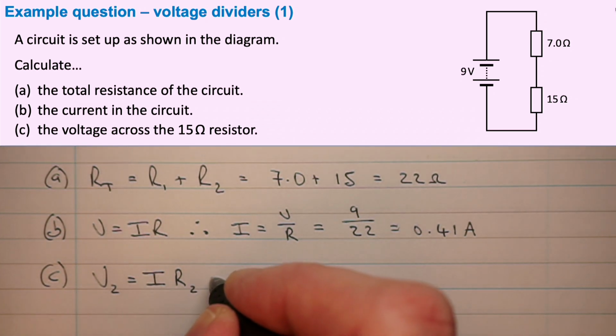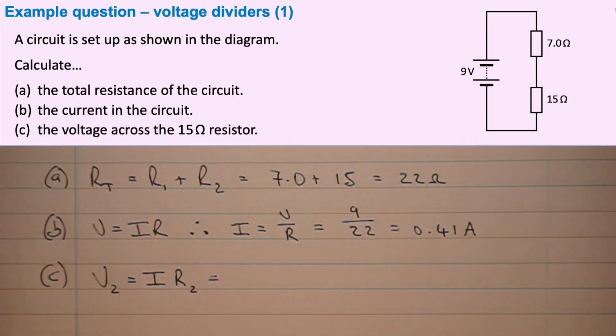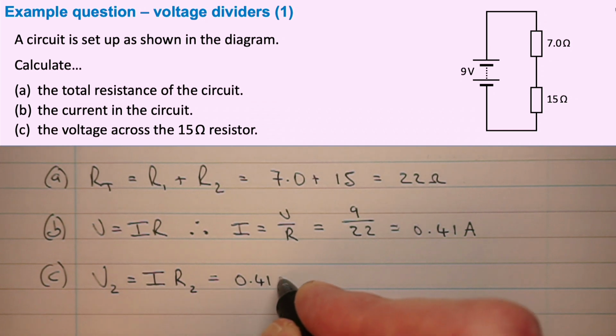Remember, this is a series circuit and the current in both of those resistors is the same. So we have 0.41 amps in the 7 ohm resistor, 0.41 amps in the 15 ohm resistor. That would be this current, 0.41, multiplied by the 15 ohm resistor.